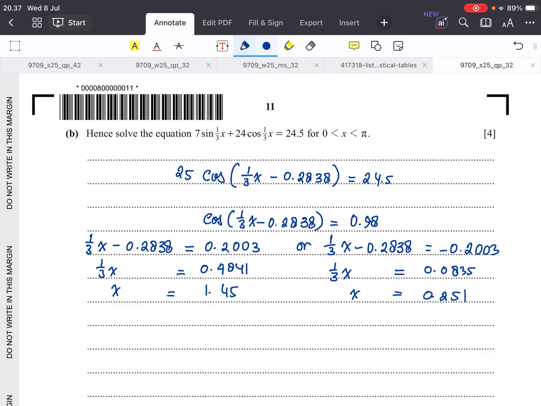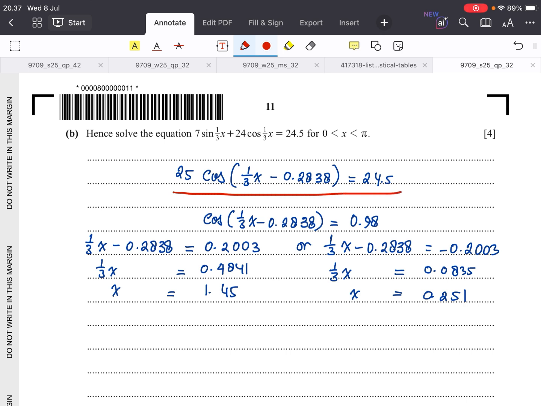And then part B, hence solve the equation 7 sin 1/3 x plus 24 cos 1/3 x equals 24.5. So we use our answer in the previous part. Just replace the theta with 1/3 x.